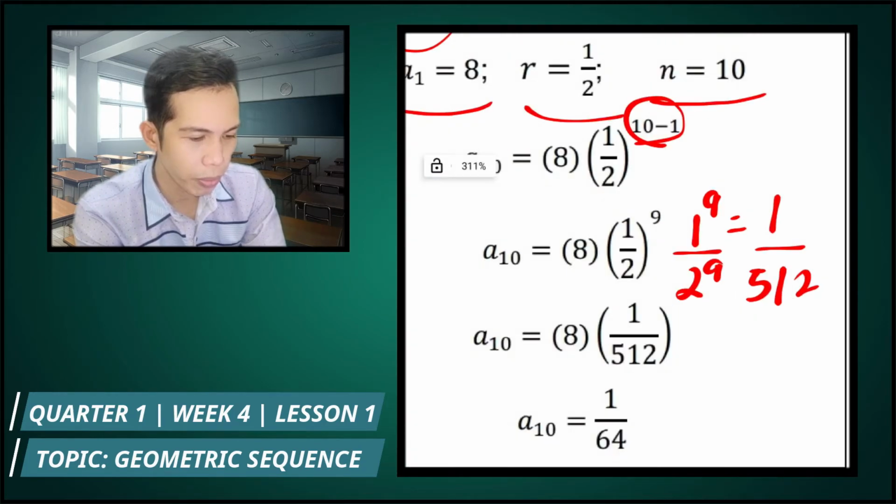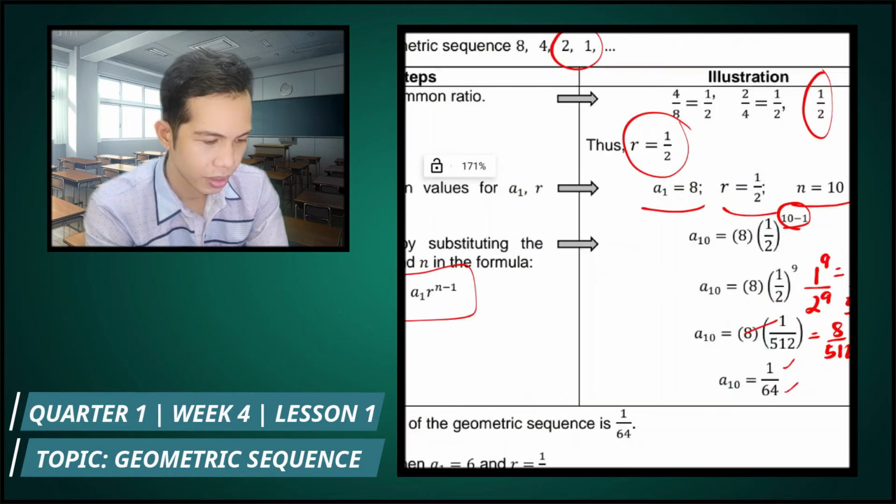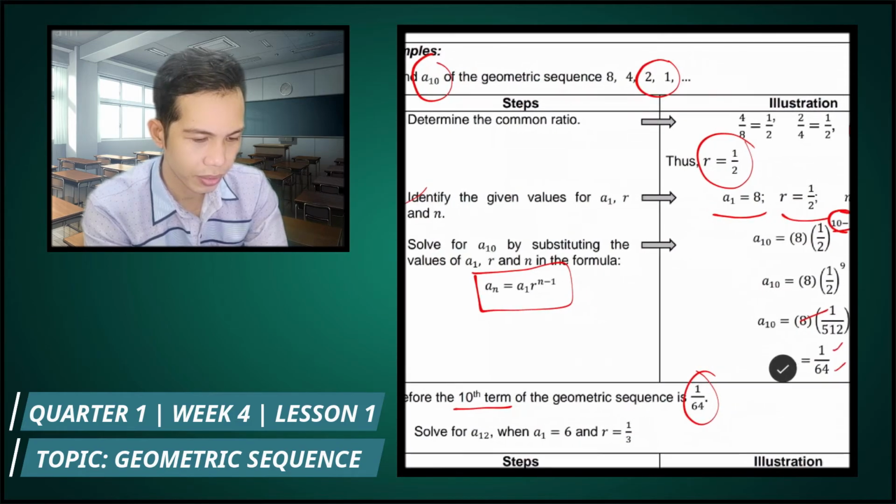And then we are going to multiply 8 times 1, which is 8 over 512. Since both numerator and denominator are divisible by 8, we can divide by 8. So 8 divided by 8 is 1. 512 divided by 8 is 64. Our 10th term, or a sub 10, is 1 over 64.